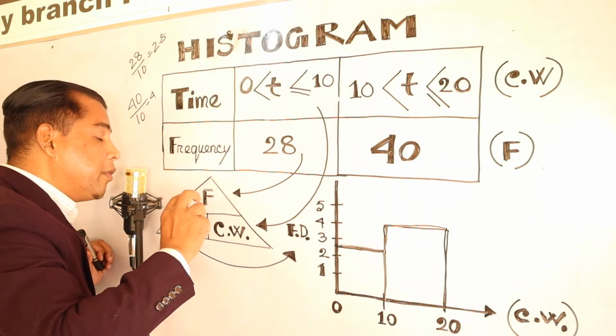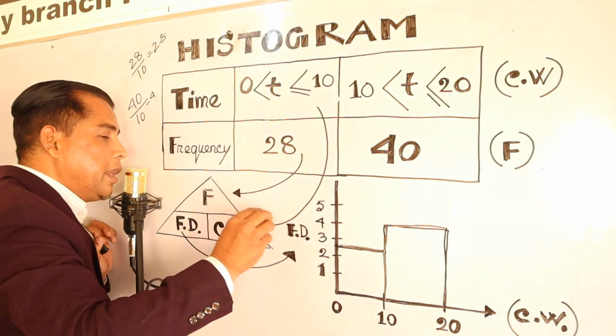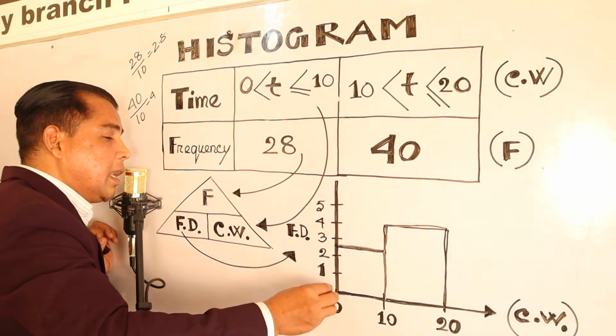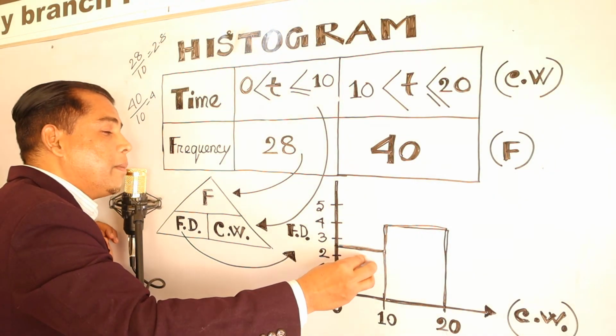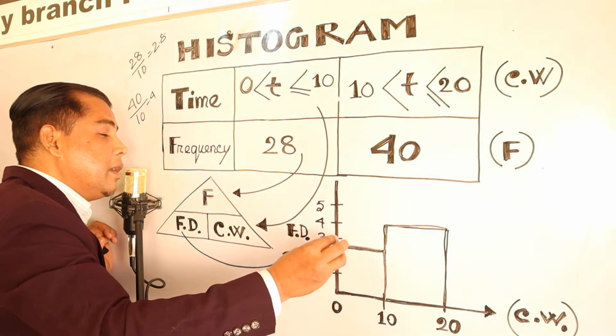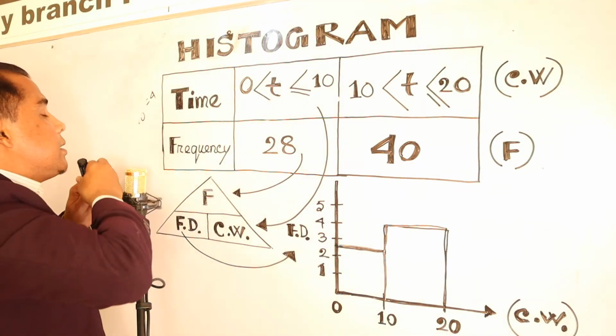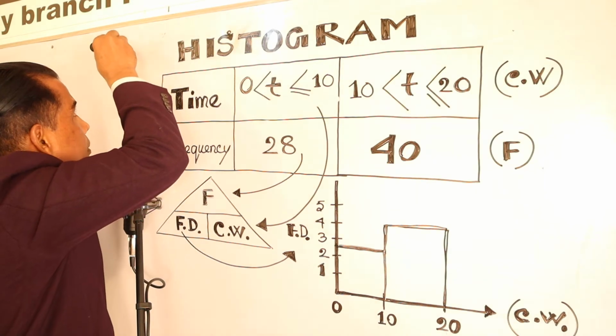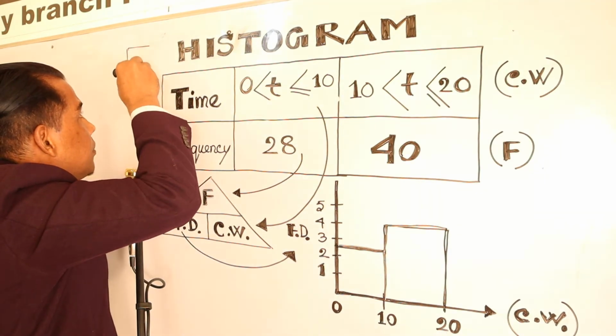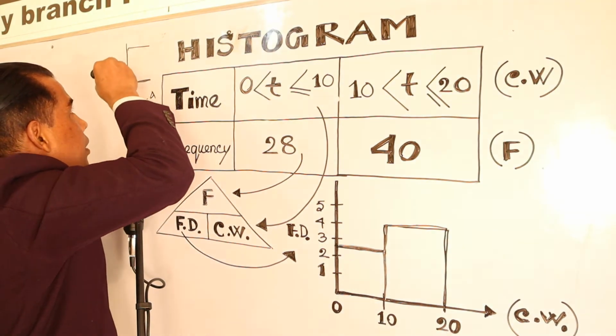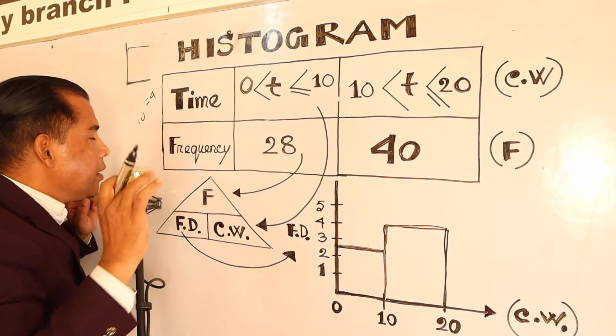Because without getting these two, frequency density and class width, you cannot draw the frequency. Because frequency is an area where the length and breadth, this is breadth and this is height or length, both are needed, right?